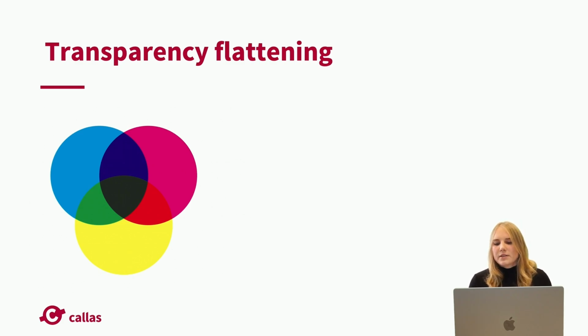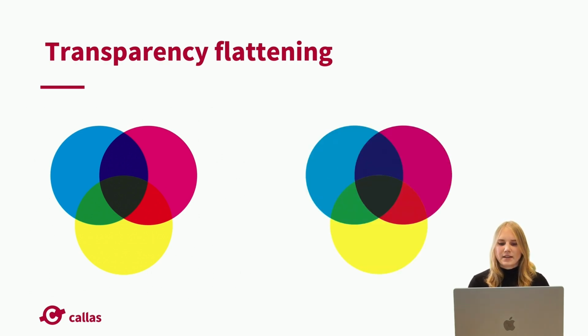When you do transparency flattening, these transparent objects are broken down into multiple smaller opaque objects, so no transparency anymore, to simulate just the appearance of the transparency. And here, as a result, at first glance, you maybe don't see any difference. But if you take a closer look, you will see here at the edges really thin white lines.